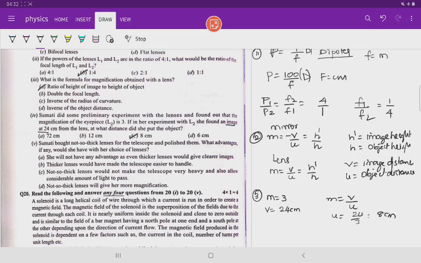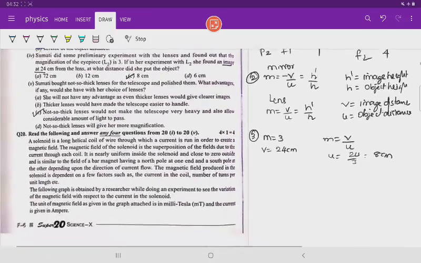She will not have any disadvantages. So the answer is, not so thick lenses would not make the telescope very heavy. It's been given in the case study itself, and allows a considerable amount of light to pass through it. Hope you have understood all the 5 questions of this case study.